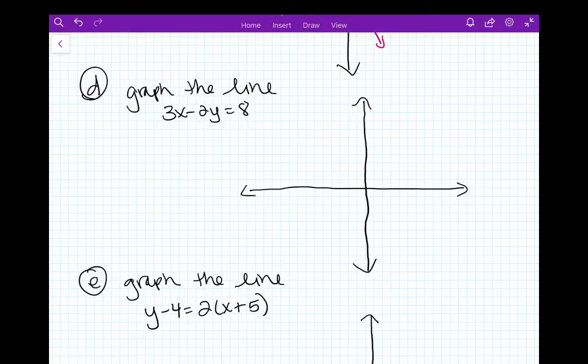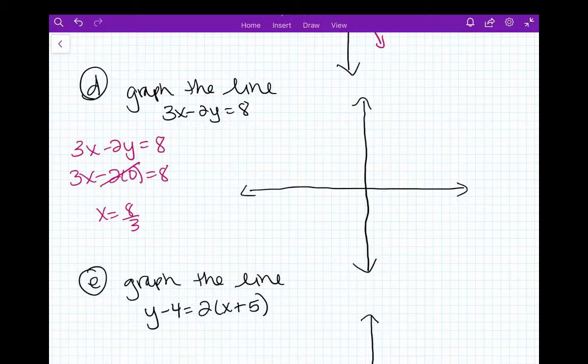Now, example D is in standard form. So remember I said it was really easy to find the intercepts in standard form. So 3x minus 2y equals 8. So if I plug in a 0 for y, then this cancels, and x equals 8 over 3. And if I plug in a 0 for x, this cancels, and y equals negative 4.